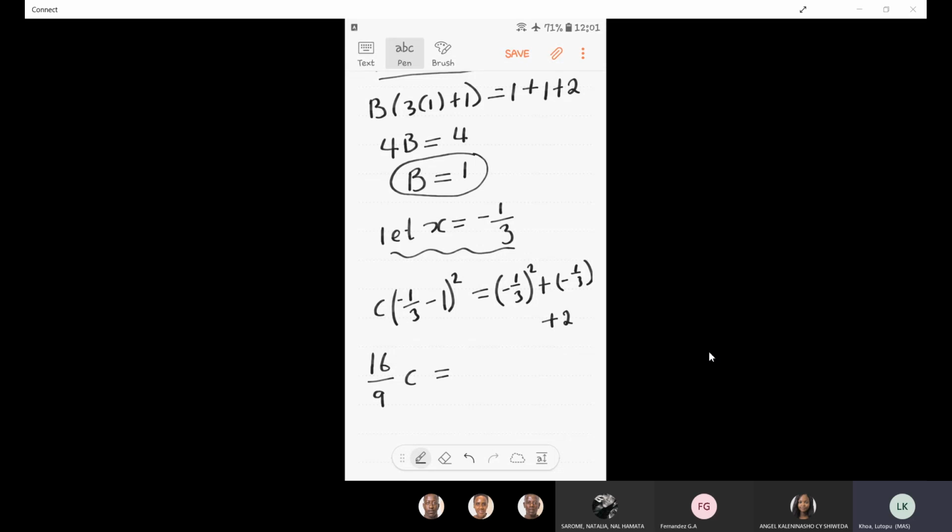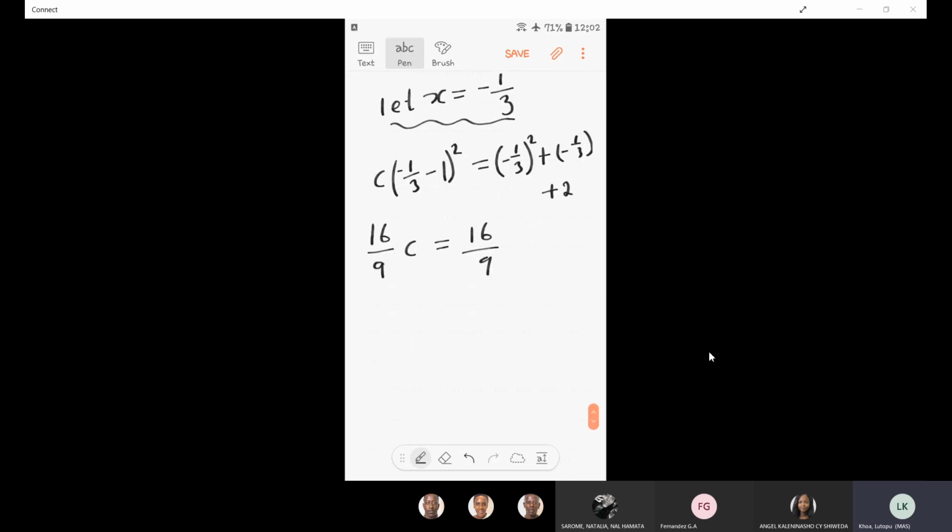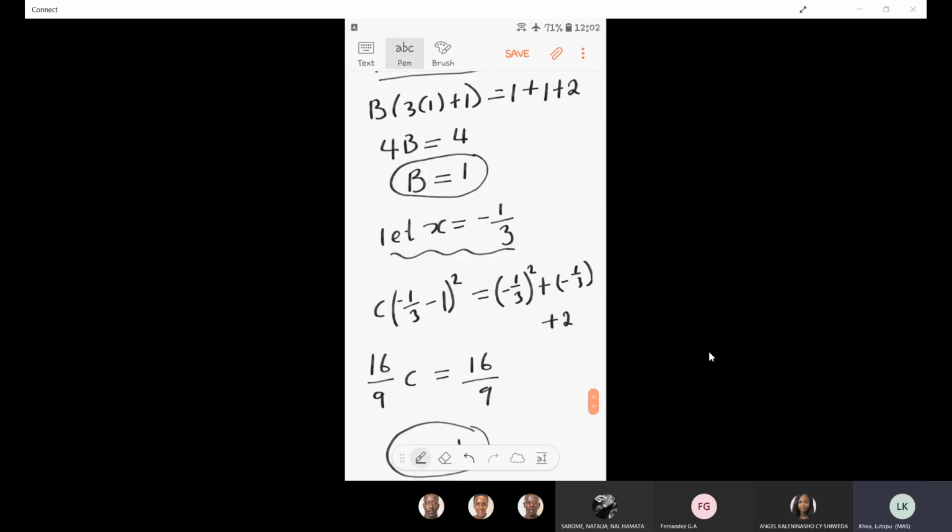Negative 1/3 squared, that is 1/9, minus 1/3 plus 2. Here I got 16/9. Okay, then when you work that out, divide by 16/9 on both sides, you get C is equal to 1. So that is your second solution.